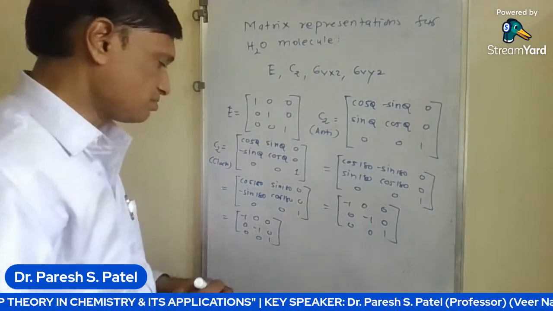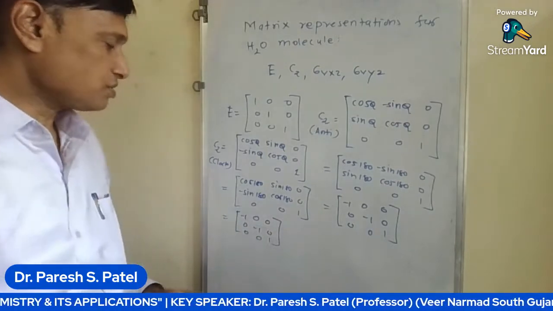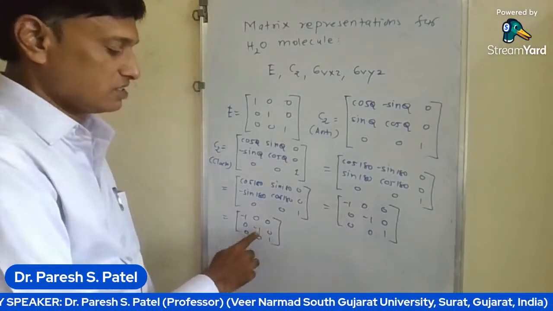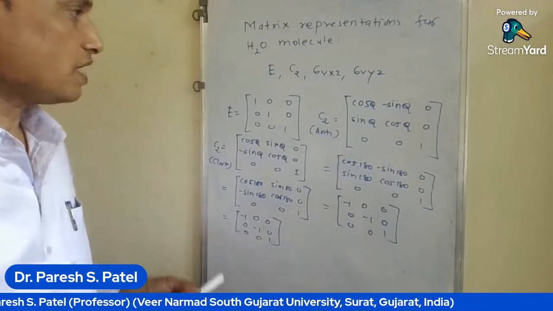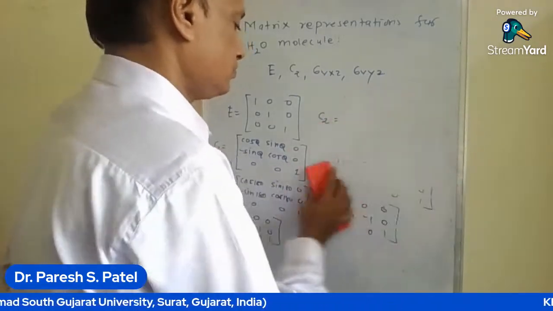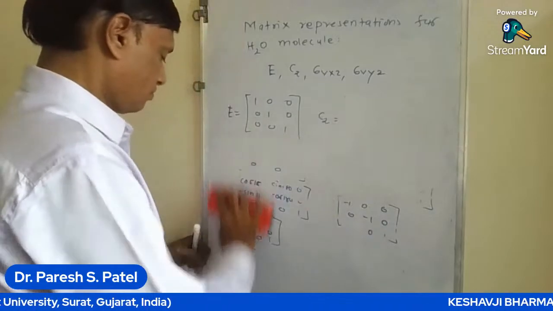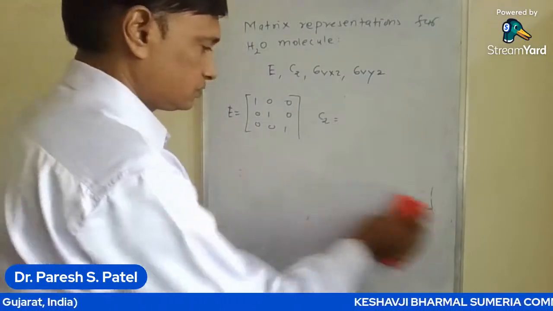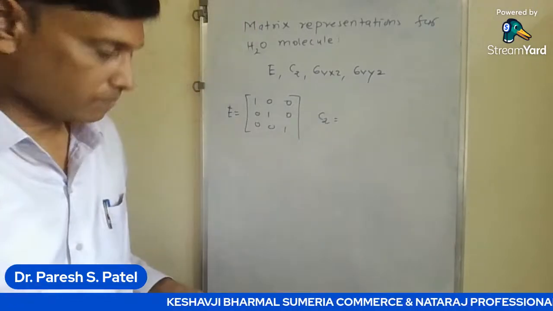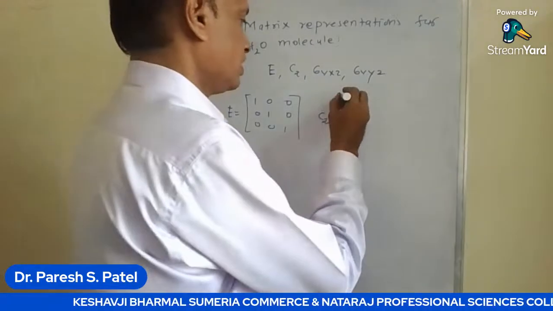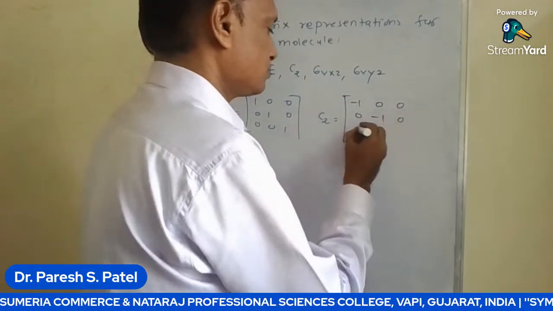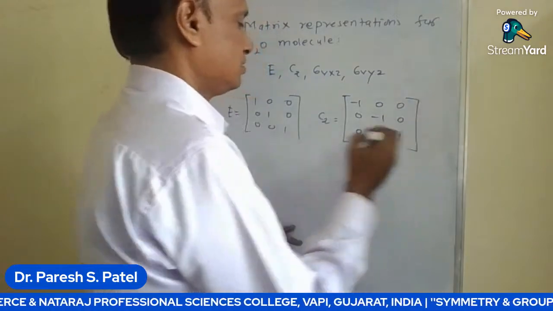So this is the matrix representation for the C2 symmetry operation, either anti-clockwise or clockwise. The result will be the same. So anyhow, the matrix representation for C2 can be represented as minus 1 0 0, 0 minus 1 0, 0 0 1.